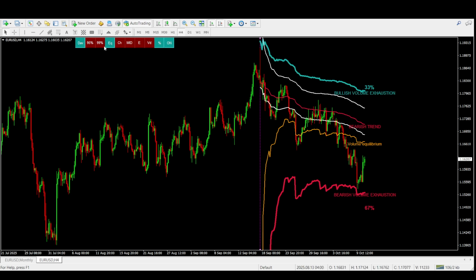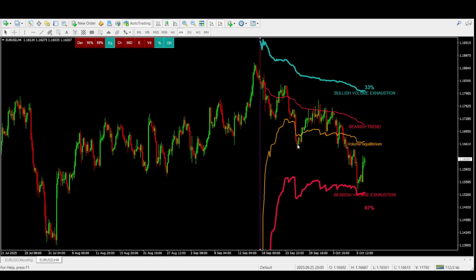Okay, it can correct to the deviation line of the trend, also can be here, can be also to some of these lines, for example this one. It doesn't matter. This is not that interesting to us.